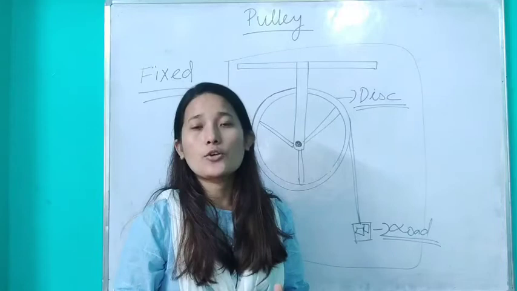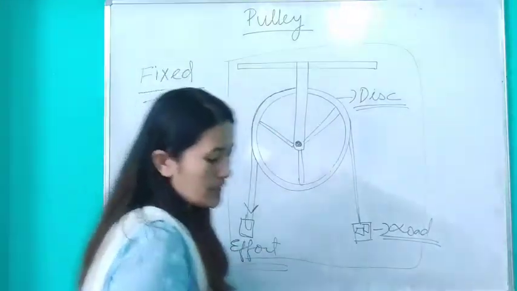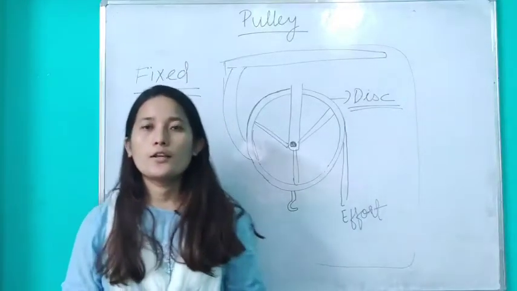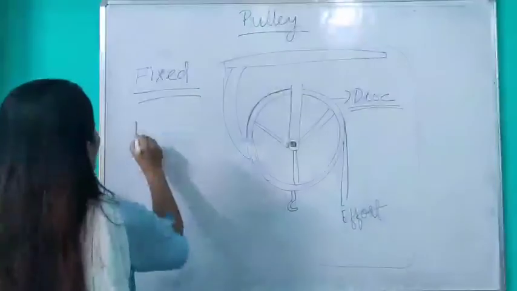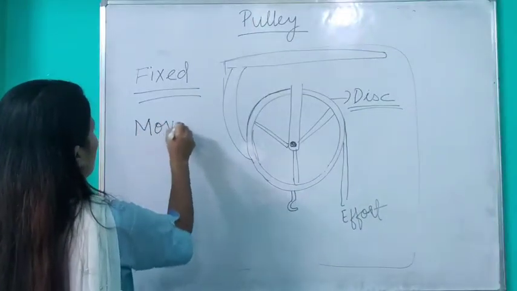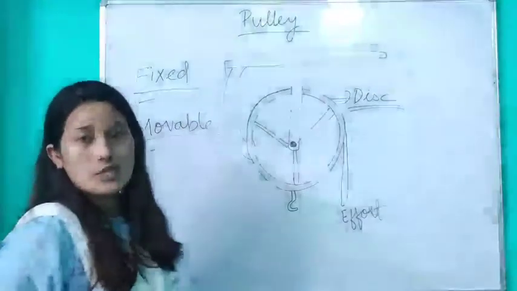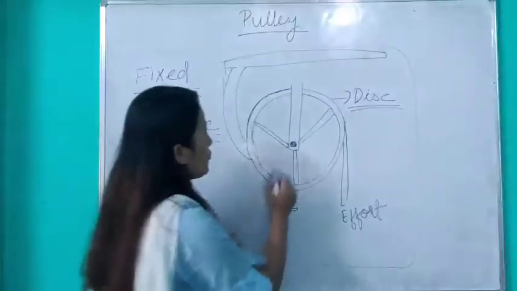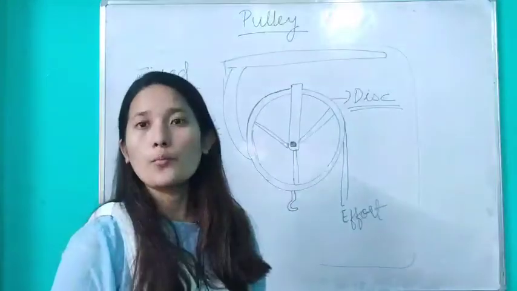Now next we will be discussing the single movable pulley system. In case of a single movable pulley system, your wheel can be moved.